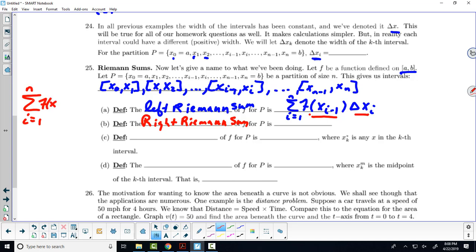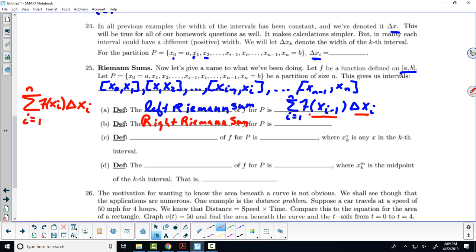This time we just take the x i value, because we're using the right endpoint method, so we take the value at the right endpoint of that interval, which is the one we want. Delta x i. The only real difference here is that I'm now using delta x i, the width of the ith interval, because there's nothing that says they have to have even width, even though all problems I give you will do them with even width.